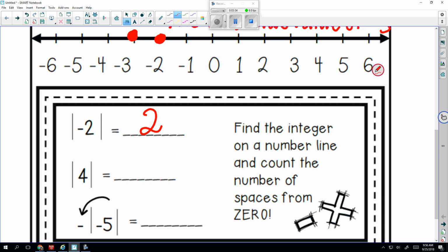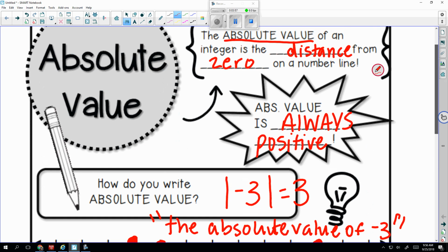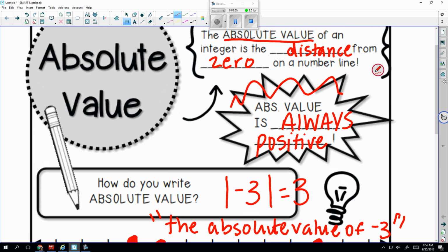What does this say? The absolute value of 4 is... Where's 4 on the number line? How far is 4 from 0? 4. So the absolute value of 4 is 4. Go back up here. It's different. What did we say? It's always positive.